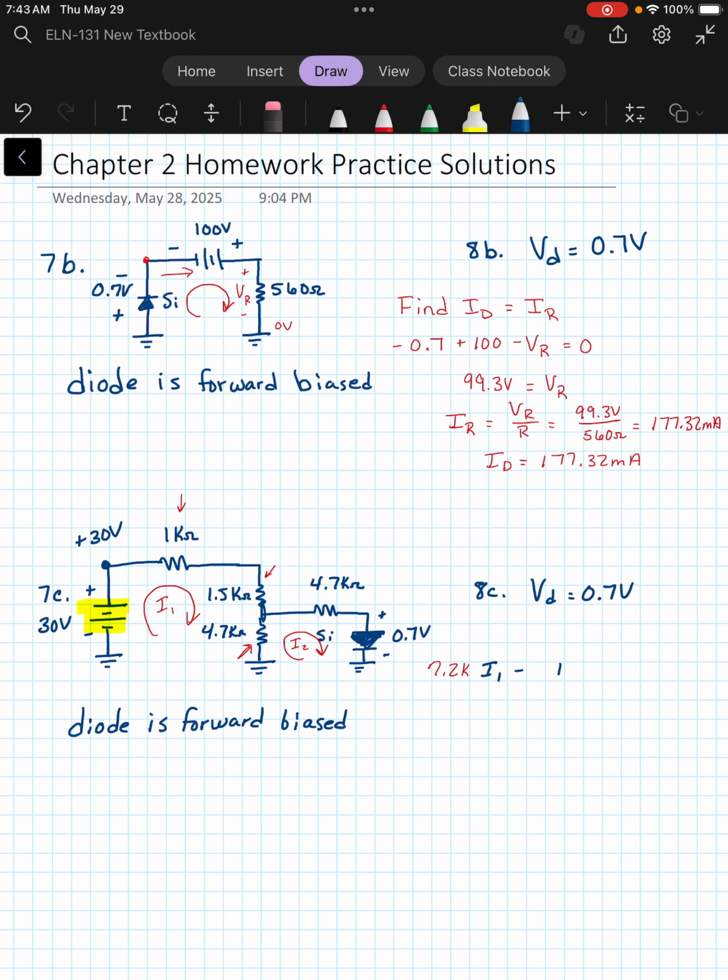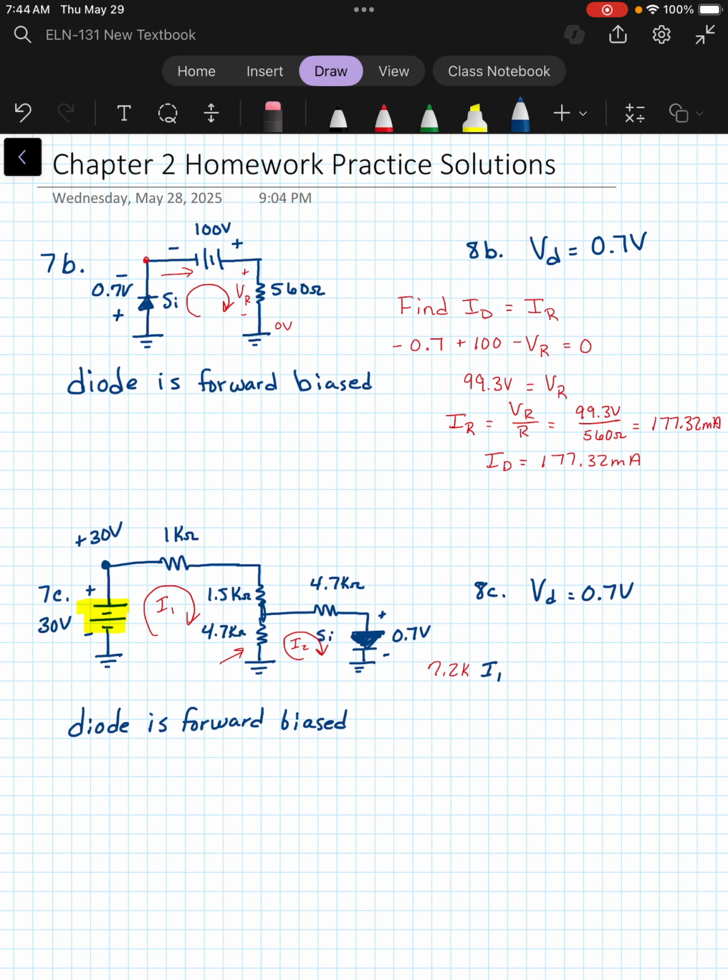And then the I2 term, I'm going to subtract anything that's connected to both I1 and I2. And as you can see, that is just the 4.7K right here. So that's going to be minus 4.7K times I2.